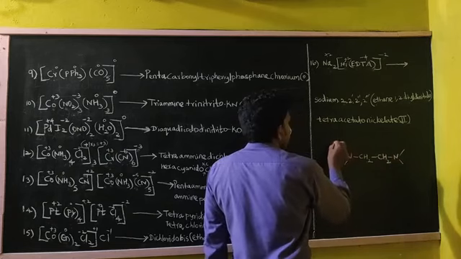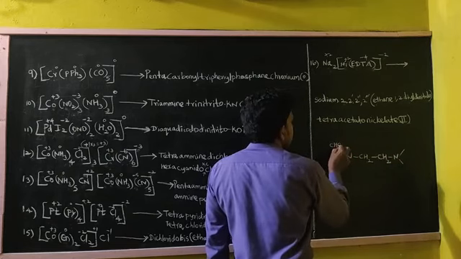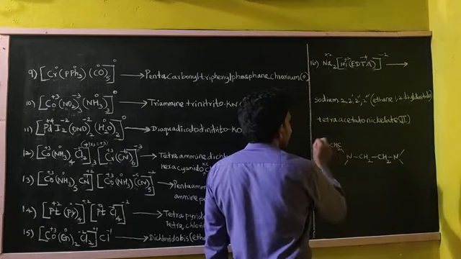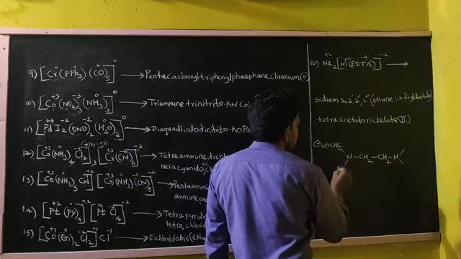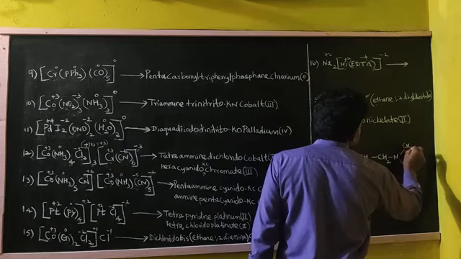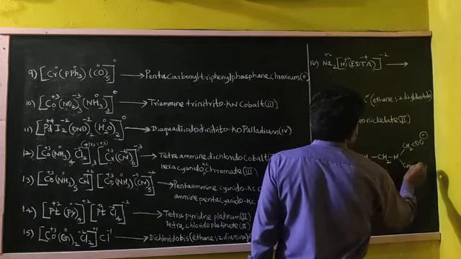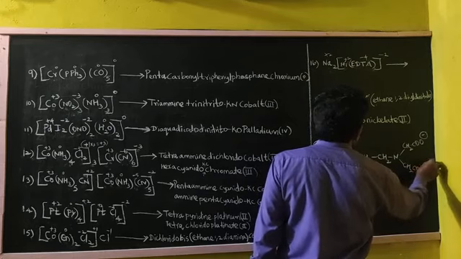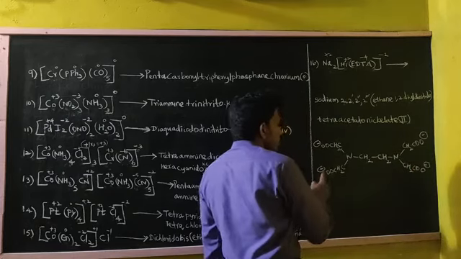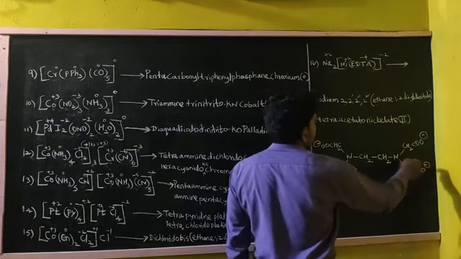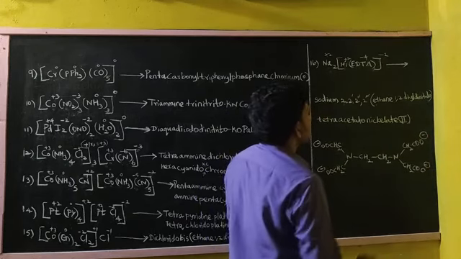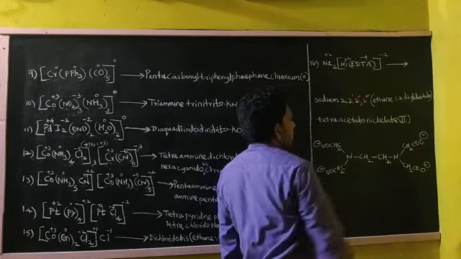And here CH2 COO minus, CH2 COO minus, then CH2 COO minus, CH2 COO minus. So 4 coordinate bonds, right, given to the central metal atom.